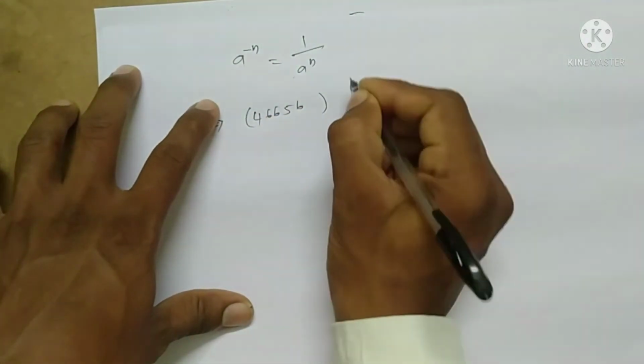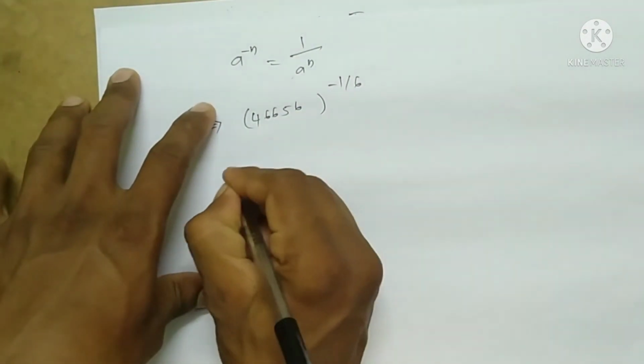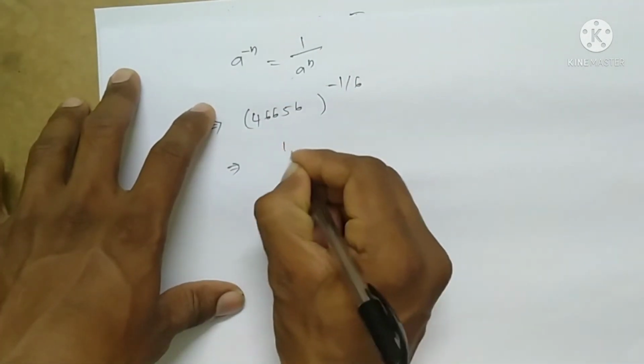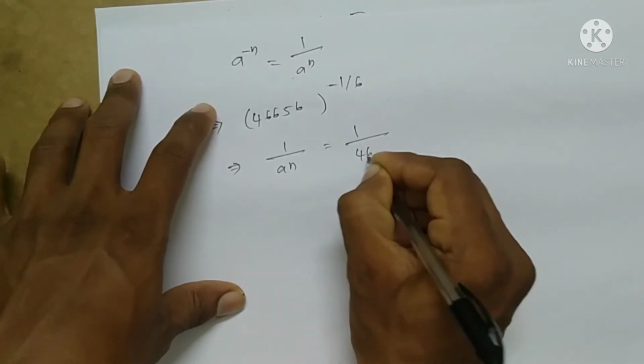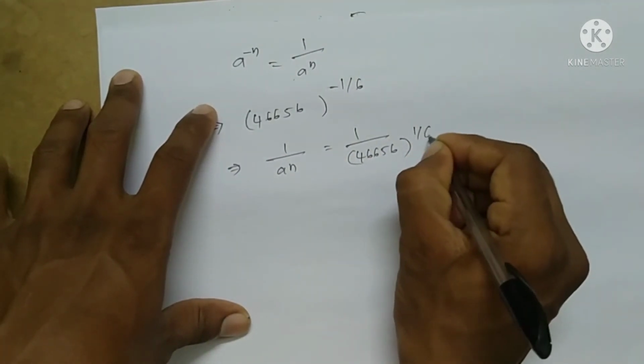So 46656 whole to the power of minus 1 by 6. So that is equal to, it is of the form a power minus n. Result is 1 by a power n, means 1 by 46656 whole to the power of 1 by 6.